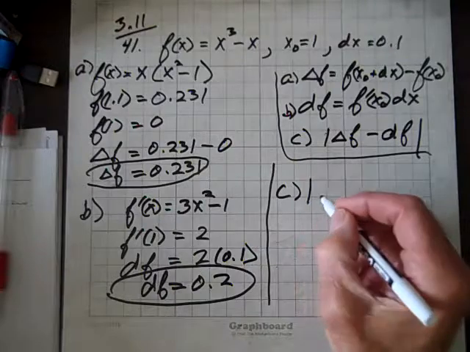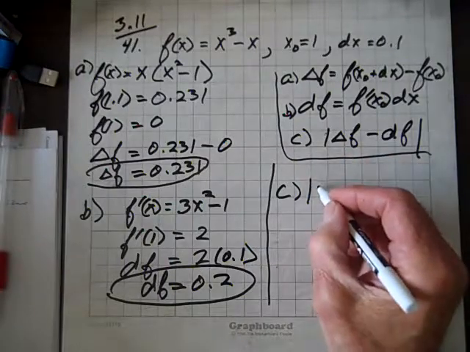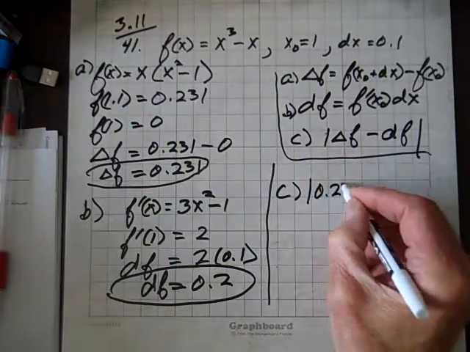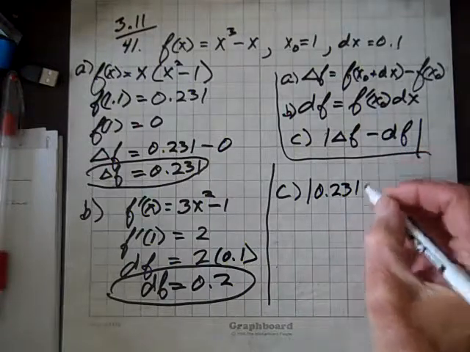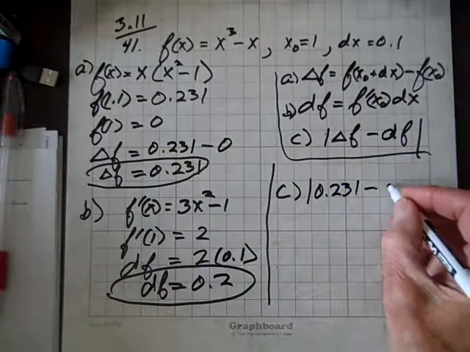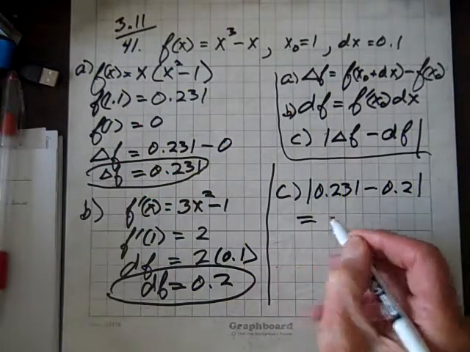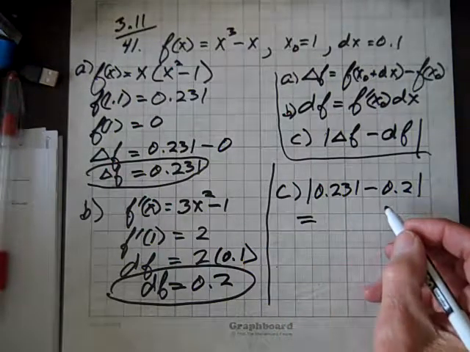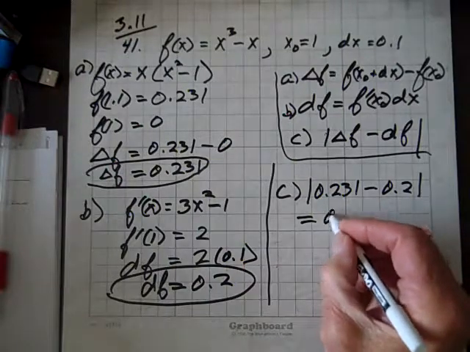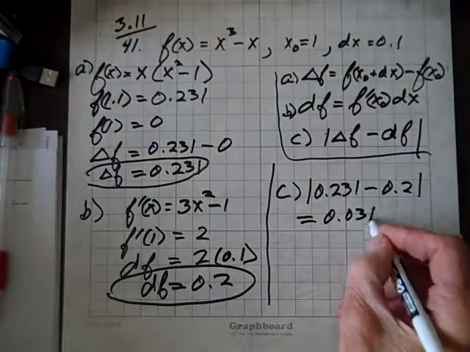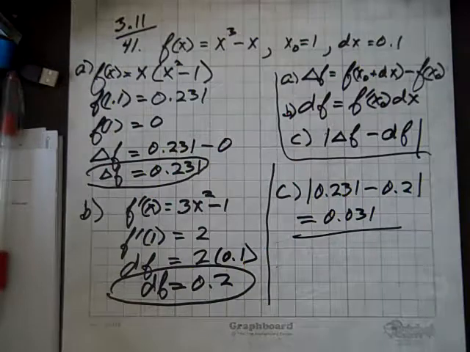So we're talking about delta f is 0.231, df is 0.2, and the difference of those two, the absolute difference, is 0.031, and we're done with that.